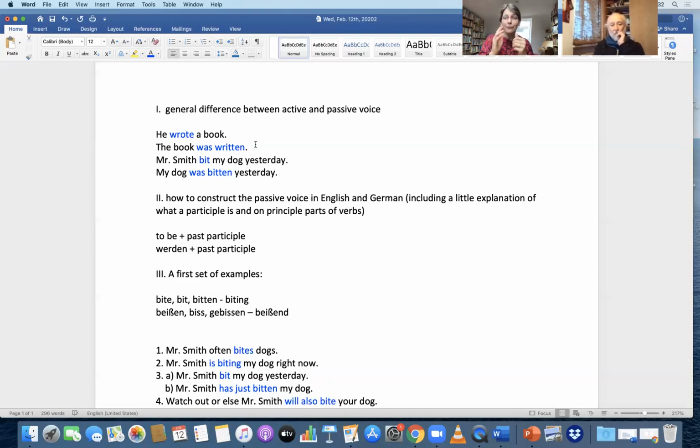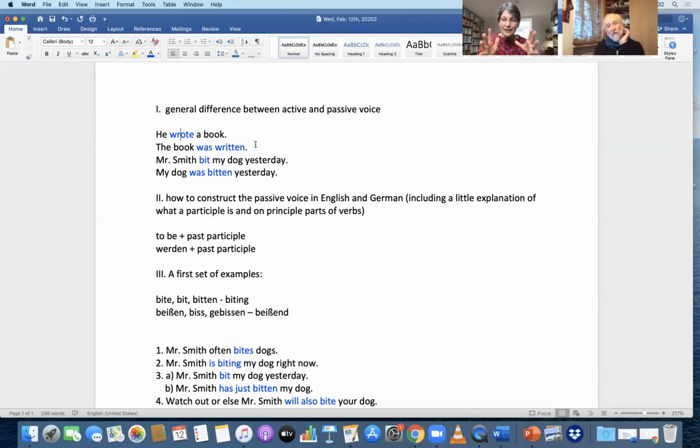So we use the form of to be that we need with regard to person, I, we, he, she, it, whatever. Number, is it singular or plural? Tense, is it present tense, present perfect, future, whatever. And aspect, is it simple tense or is it progressive tense?